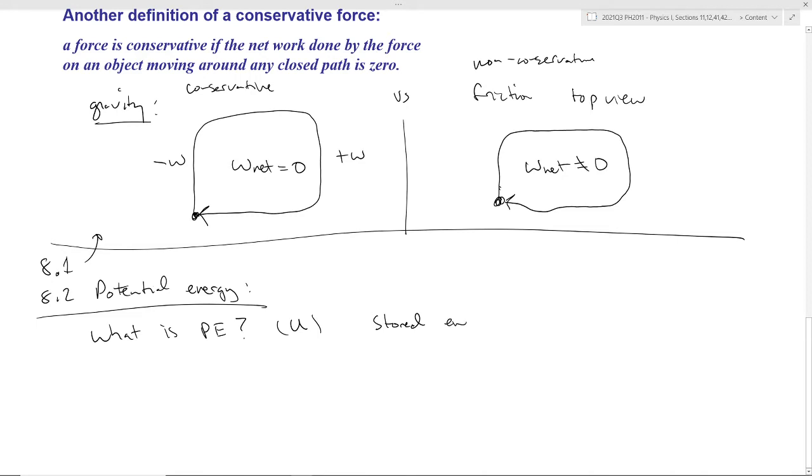It can be stored in position, or in a configuration of charge. It's basically the stored capacity to do work.